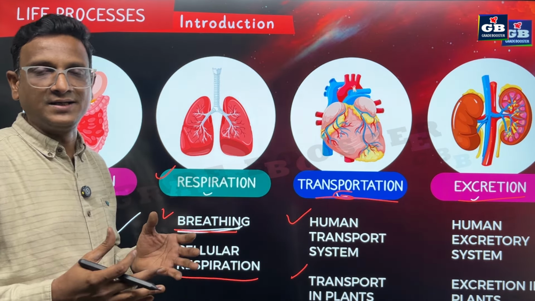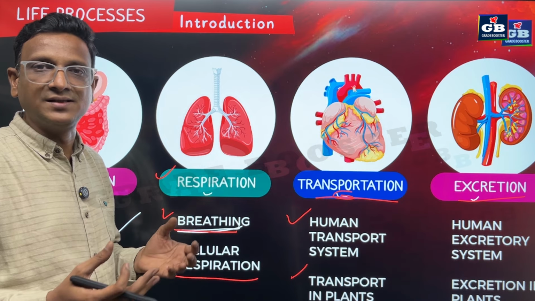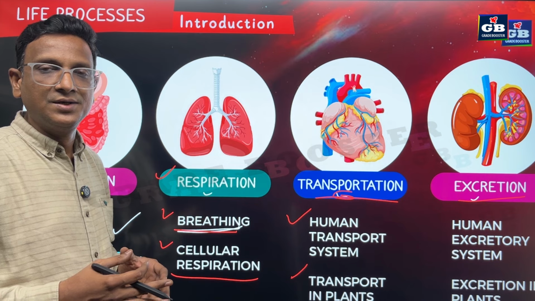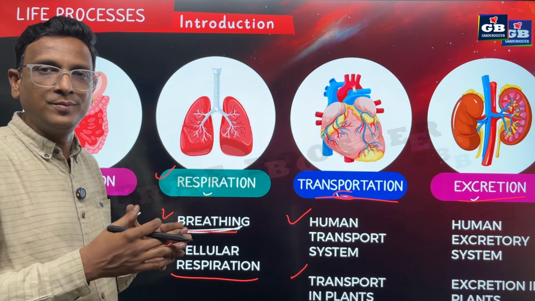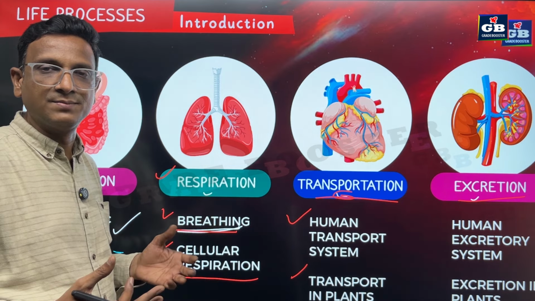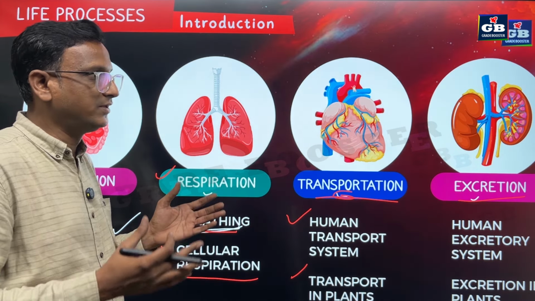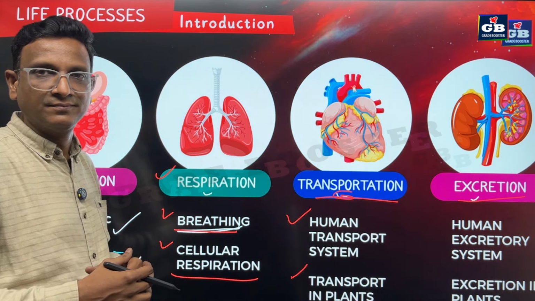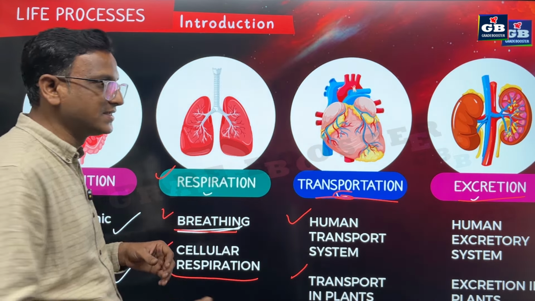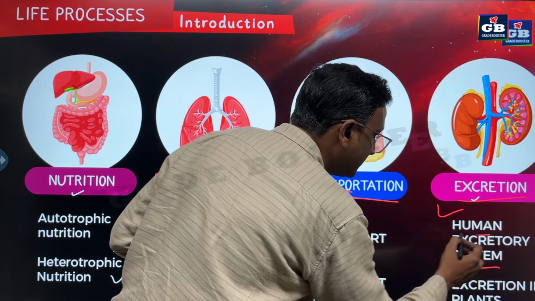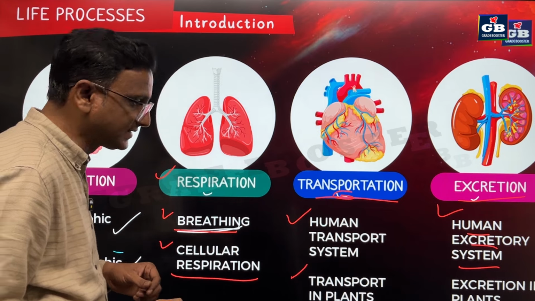During these, so many toxic, harmful materials are produced. All these harmful materials are to be sent out of the body. Bigger, multicellular organisms have developed systems to get rid of this waste. The process is excretion, and that is done by the human excretory system.